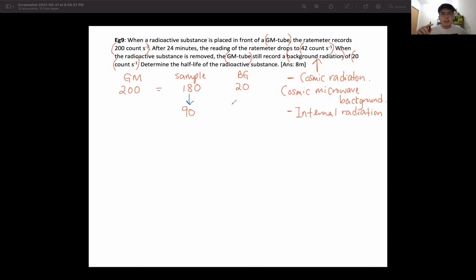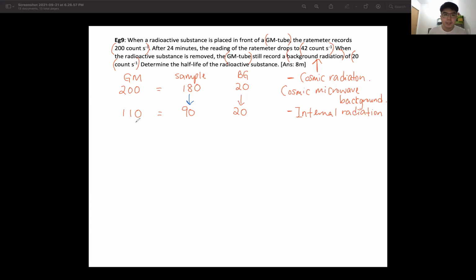The background radiation does not change, guys. It remains the same as 20 because the background radiation will not reduce by half. Only the sample is reduced by half. So the background radiation will remain as 20, and that gives your GM reading after 1 half-life as 110.